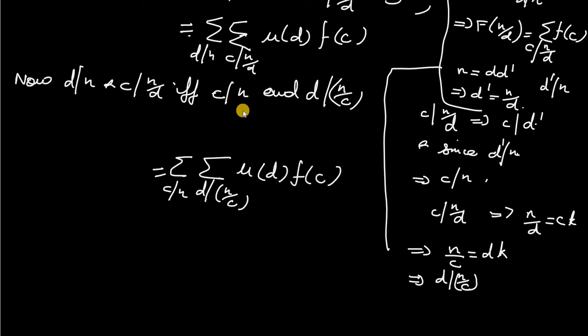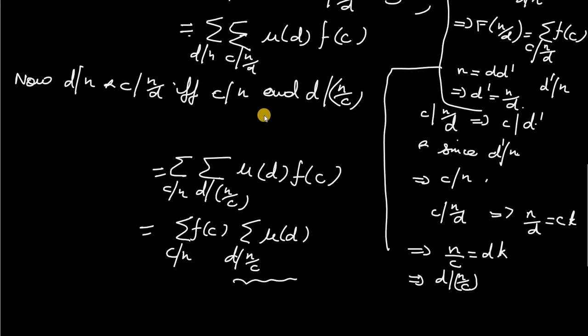So this can be written as the summation of f of c, where c runs over the divisors of n, into the summation of mu of d, where d runs over the divisors of n upon c.